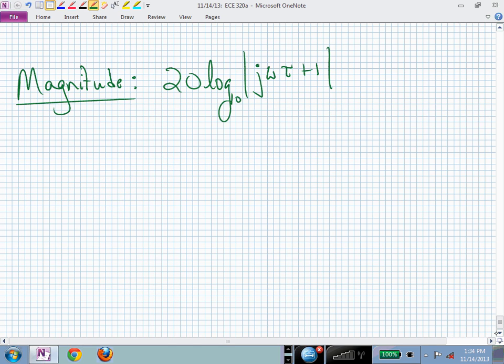Let's now look at the extremes. Suppose we looked at values of omega tau that are much less than 1.